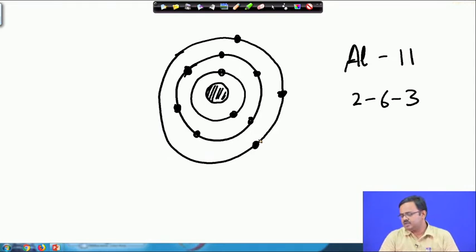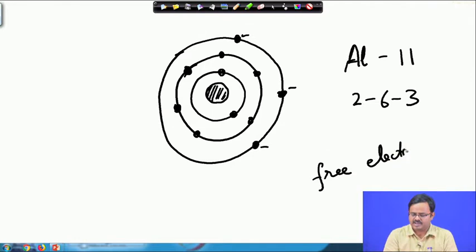Now, these 3 electrons in the M shell are free to move. They are free electrons, not tightly bound or held by the nucleus, and they help in the conduction of electricity.